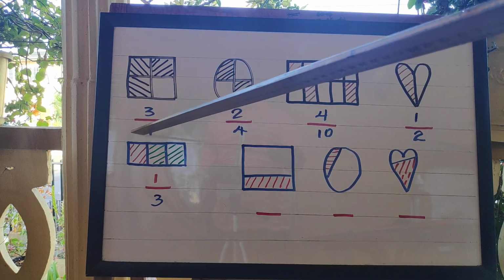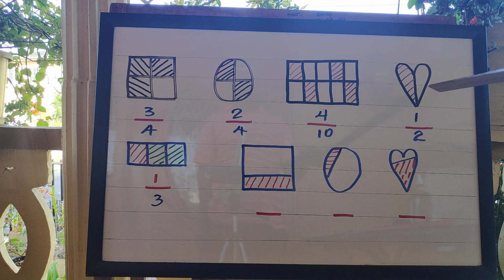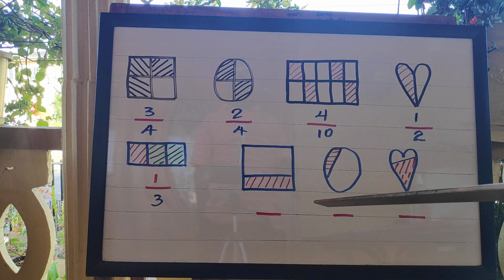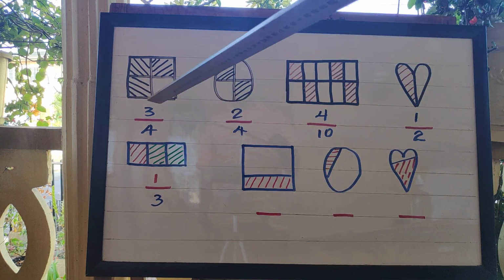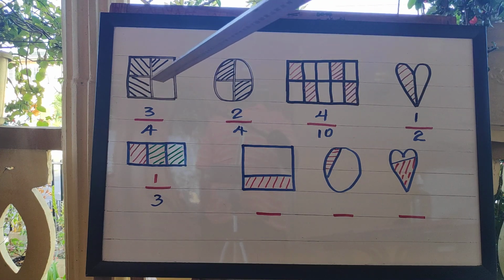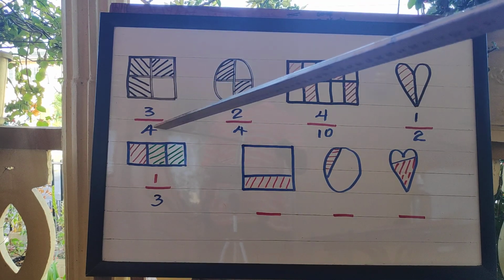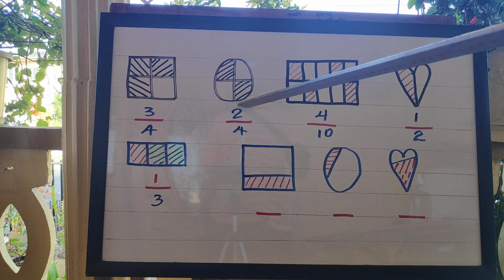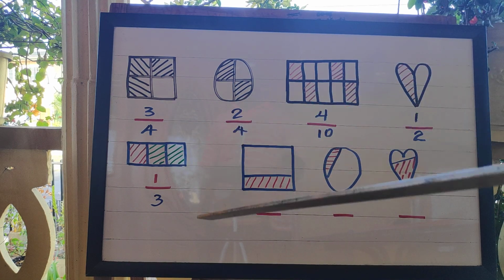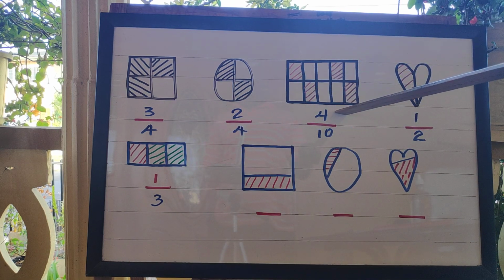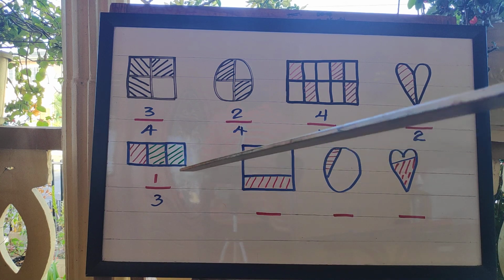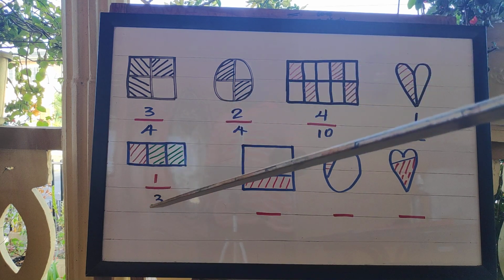The bottom number tells you the total number of equal parts the whole is divided into, and the top part tells you how many parts were selected. So you see in this one here is 3 parts out of 4 equal parts. 2 parts out of 4 equal parts. 4 parts out of 10 equal parts. 1 part out of 2 equal parts. 1 part out of 3 equal parts.